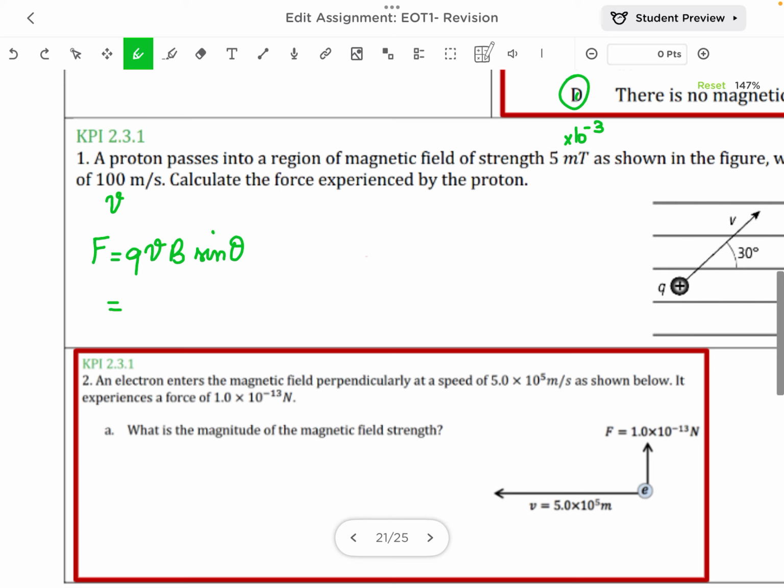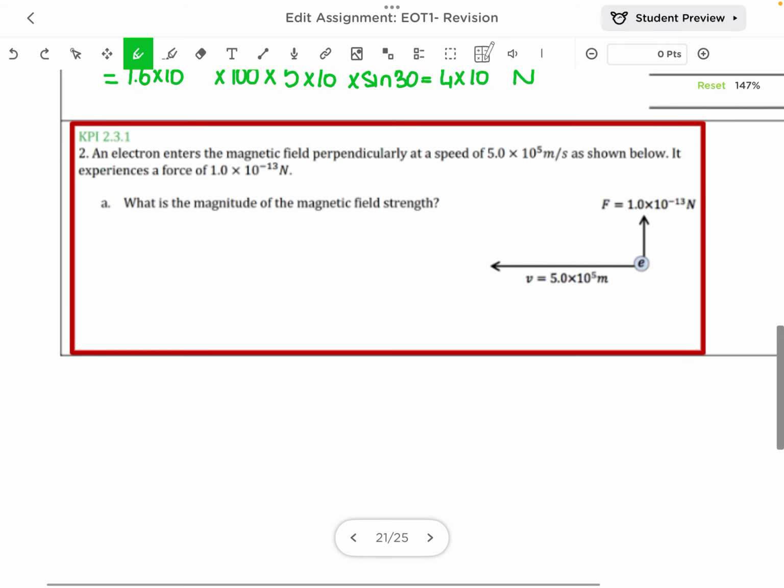Q of the proton or of an electron is always the elementary charge, 1.6 10 to the power of negative 19 coulombs. The velocity is 100. The magnetic field is 5 10 to the power of negative 3. No need to put the unit inside. Times sine of 30. The answer is 4 10 to the power negative 20. The unit of the force is Newton.